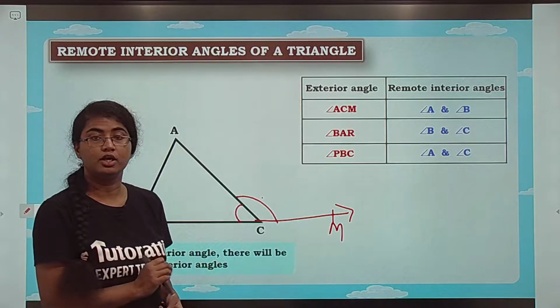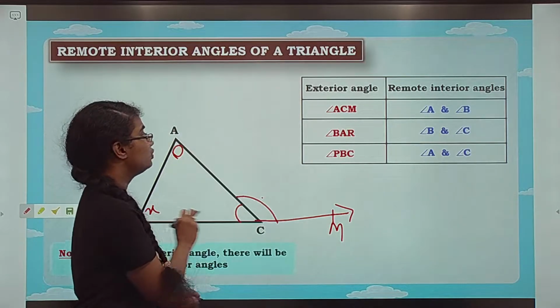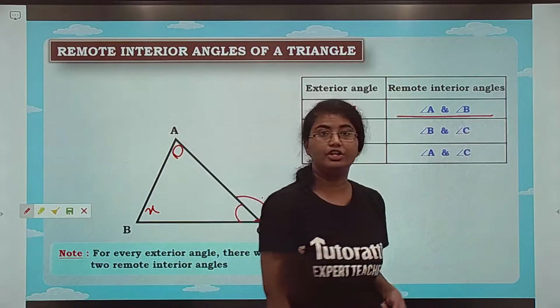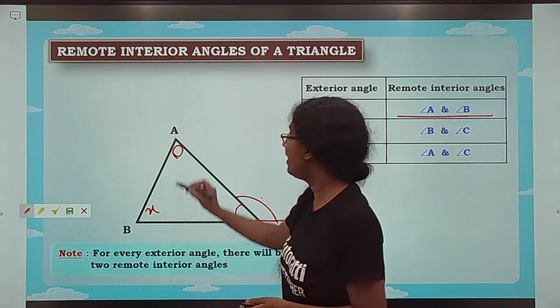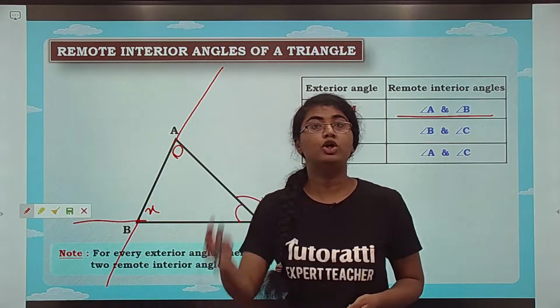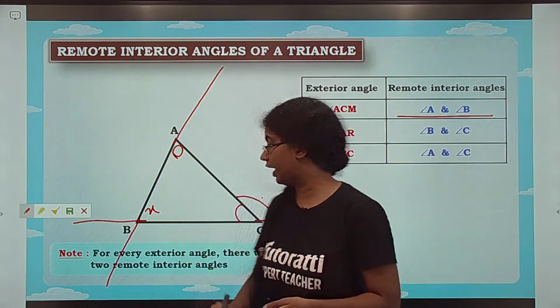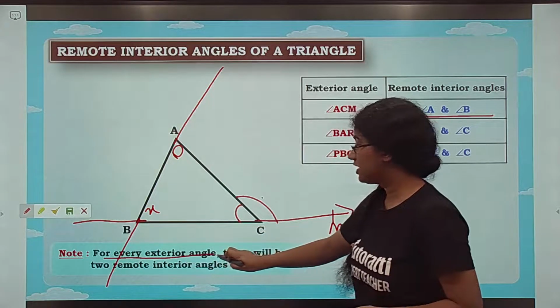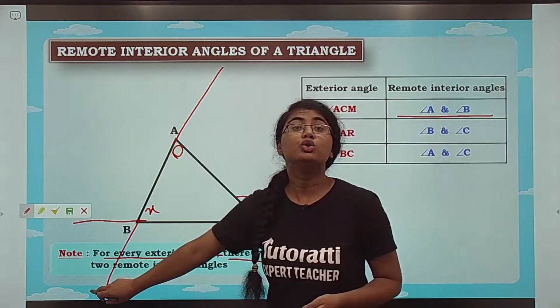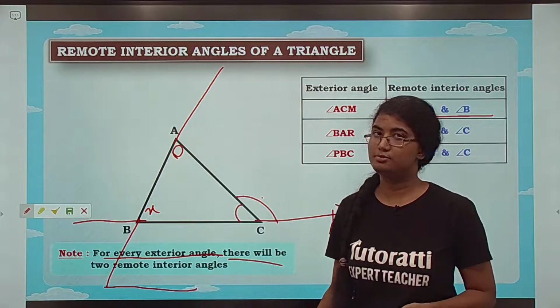This is its adjacent interior angle. So naturally, these two are the remote interior angles. Now you can go ahead and extend every single line like that and form 2 remote interior angles for each exterior angle. So for every exterior angle there will be 2 remote interior angles. Always keep this in mind.